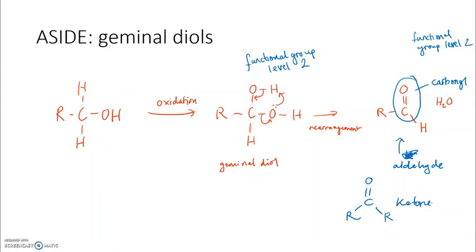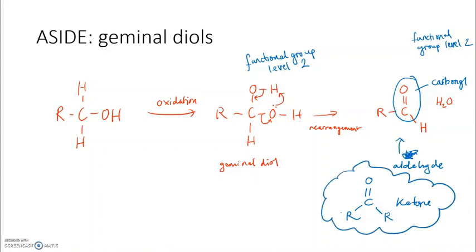And these are the functional group level above the alcohols. This just generally turns out to be the case: if you've got two hydroxyl groups bonded to the same carbon, they will tend to break down to give you a carbonyl functional group instead, either an aldehyde or a ketone, depending on what the rest of the carbon chain is doing.